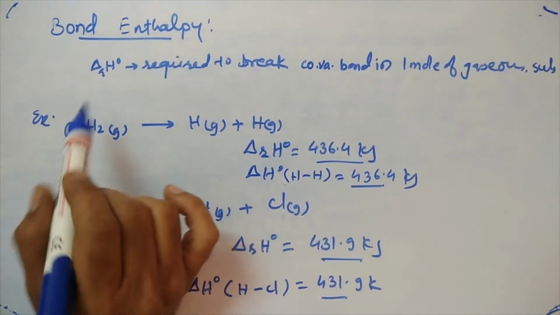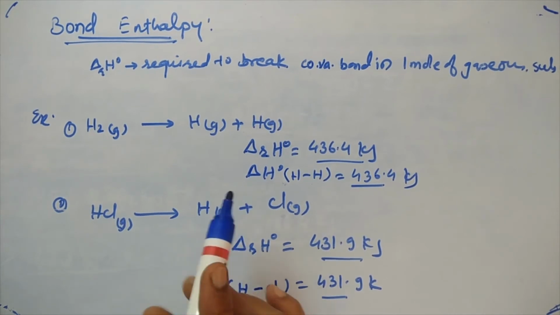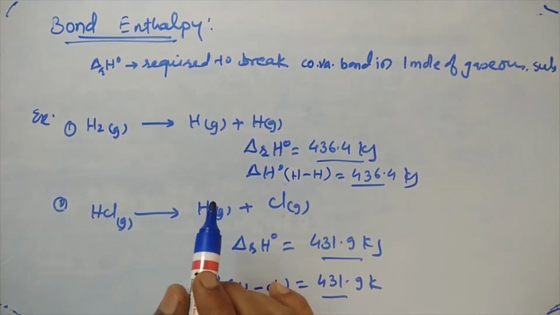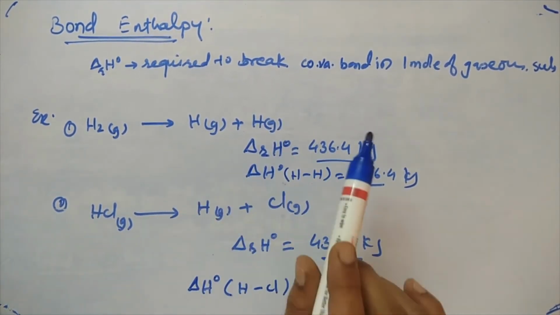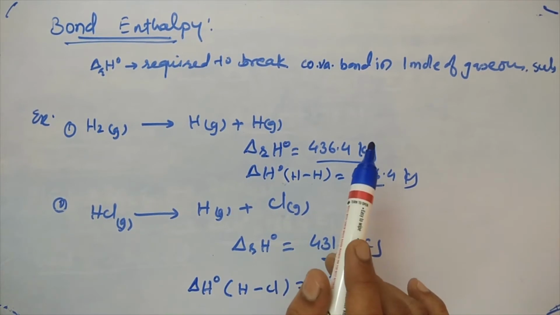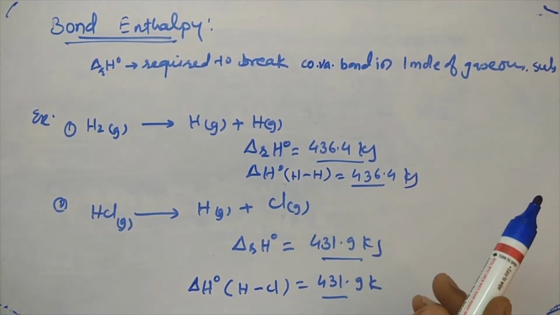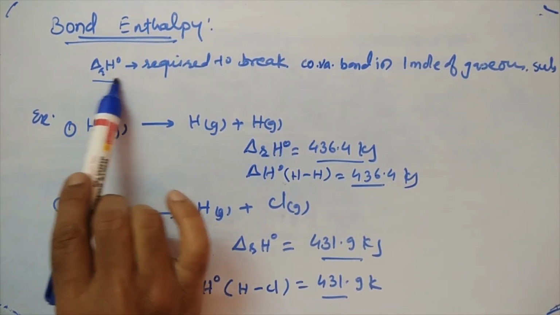Say bond enthalpy. So how is it actually defined? The enthalpy change required to break a particular covalent bond in 1 mole of a gaseous molecule to produce gaseous atoms or radicals is called the bond enthalpy.